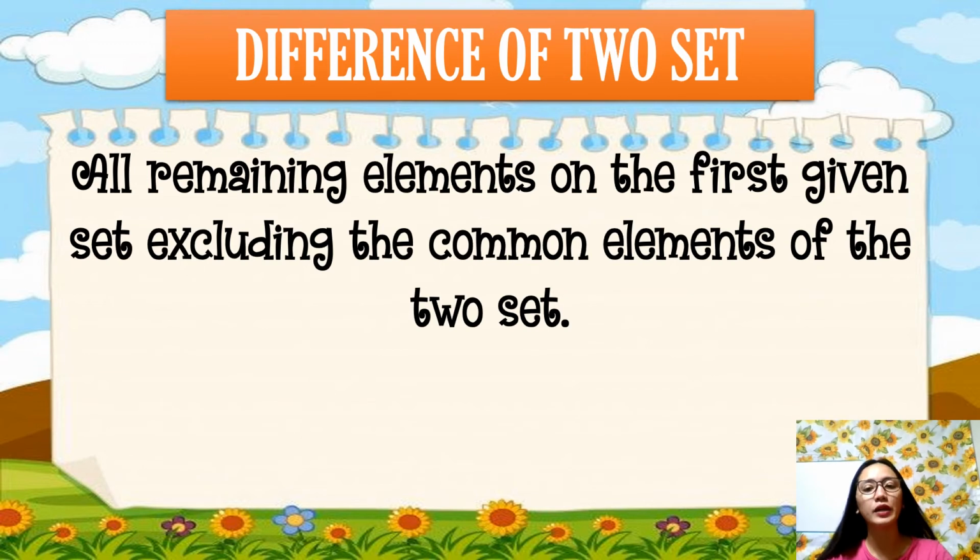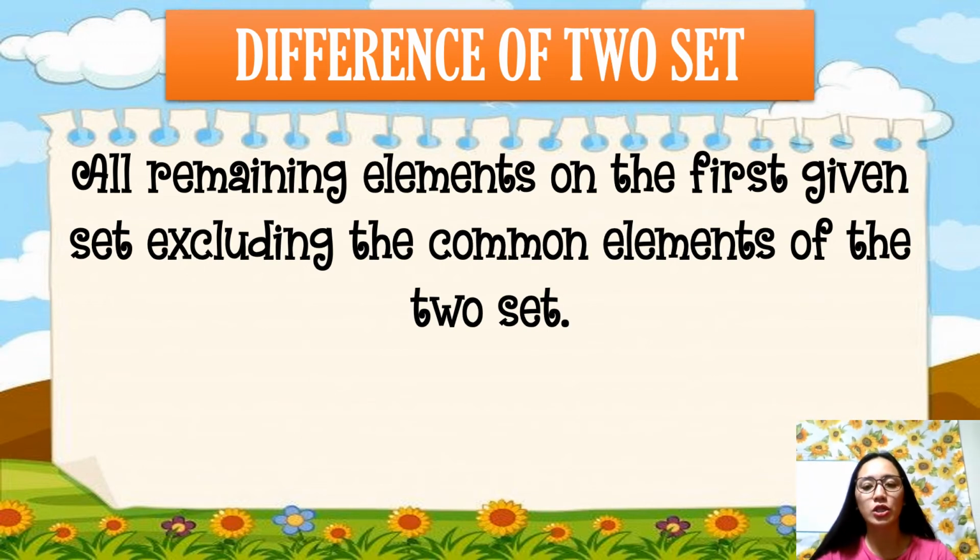Next, we have the difference. When we say difference of two sets, it means all remaining elements of the first given set, excluding the common elements of the two sets. We'll have this equation for you to easily remember the difference of two sets.